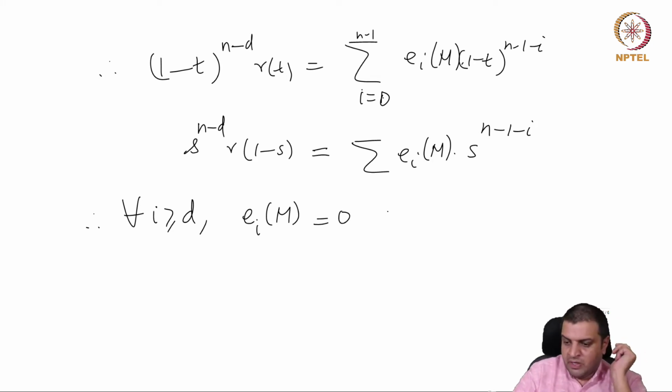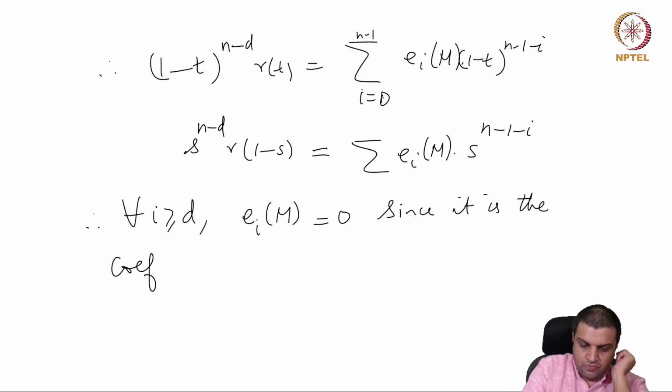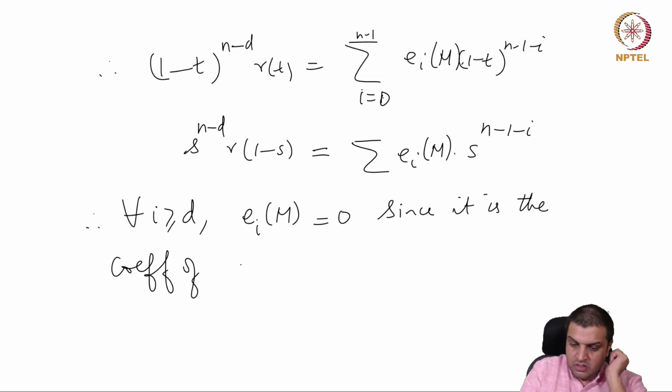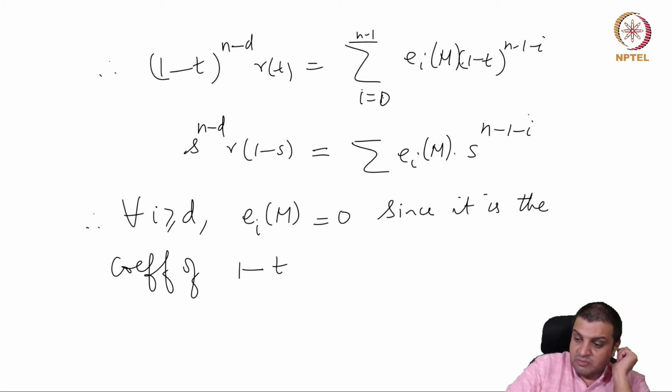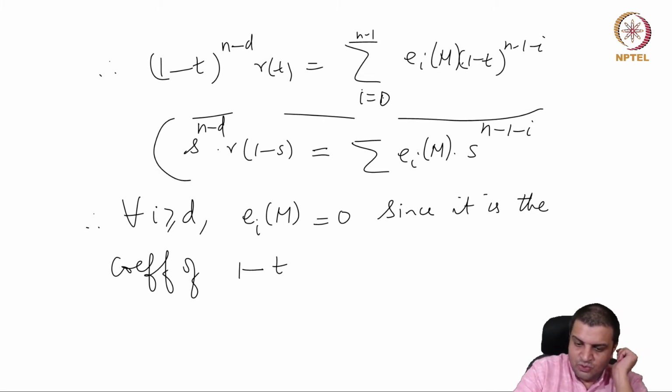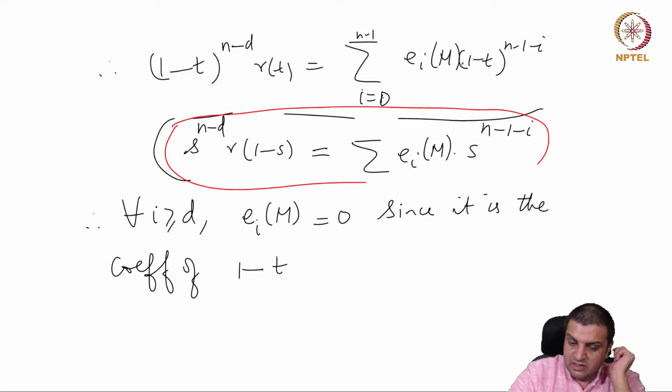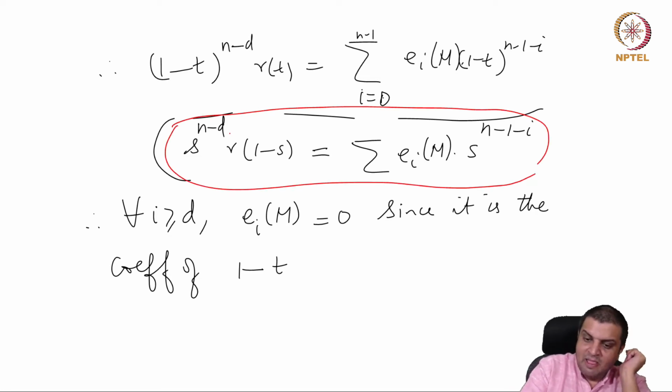Why? I am just writing this to explain, an aside. All that we want to say is that if you think of 1 minus t as the variable, then it cannot have coefficients in small degree.